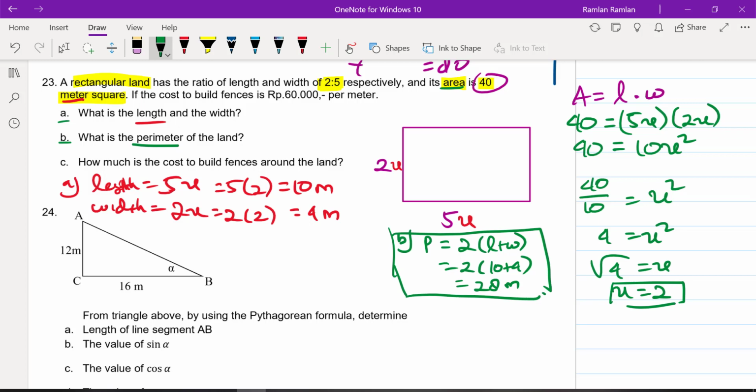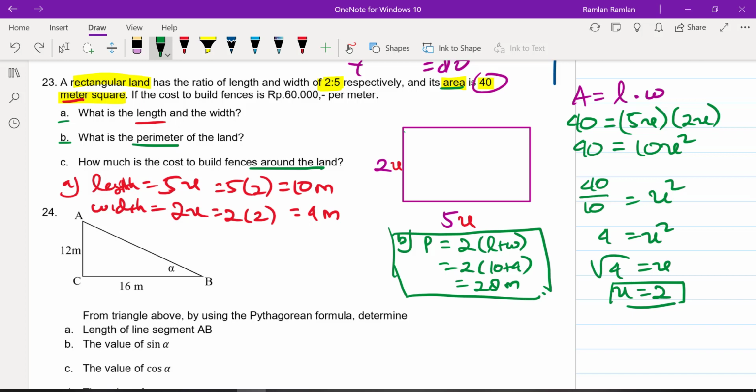Okay, next one is question C. How much is the cost to build fences around the land? Because we know that when we want to put a fence around the land, it means that you're gonna put the fence over here, here, here, and here, right? Because you're going to make the fence to close that land.